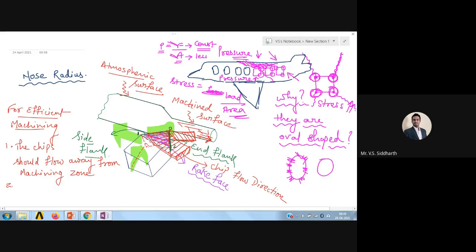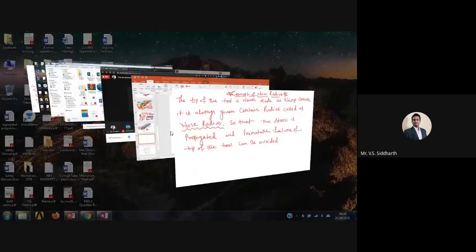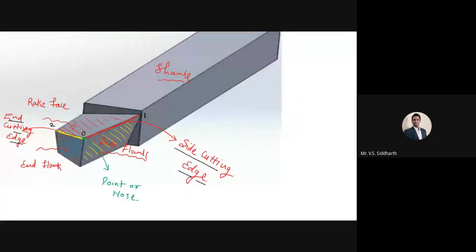I am not asking about the edge. Listen to the question carefully. This is the edge and this is the flank. So what I am asking is, should the side flank and the end flank make contact with the workpiece or not? Think and tell.